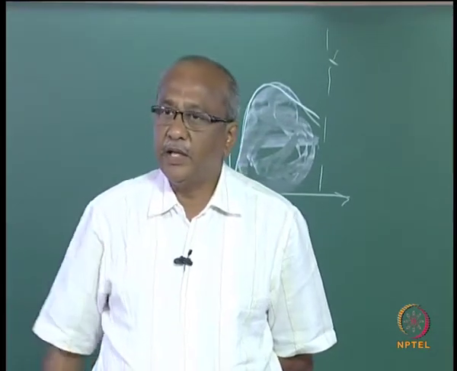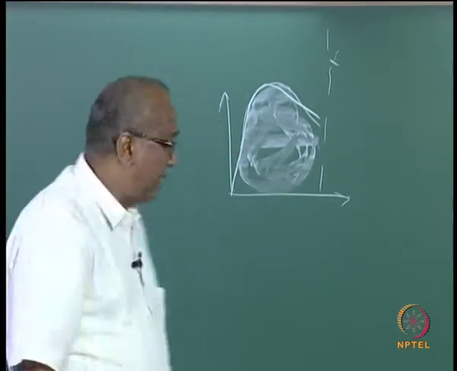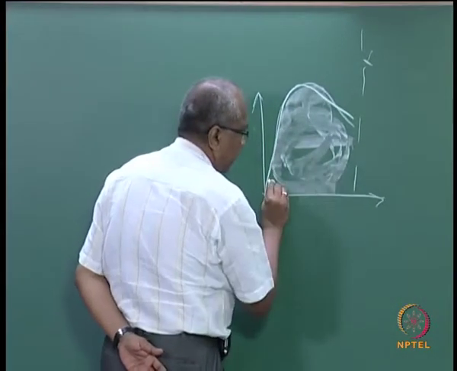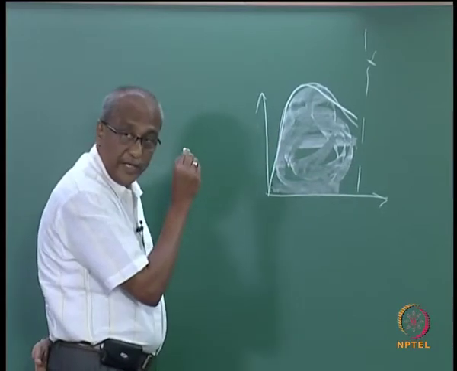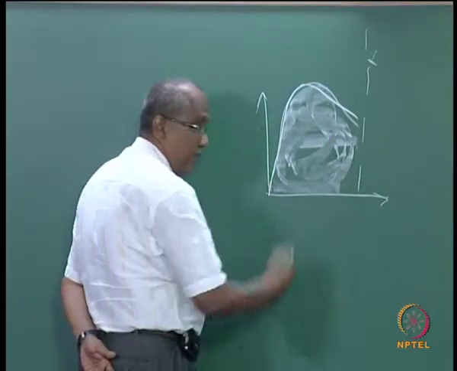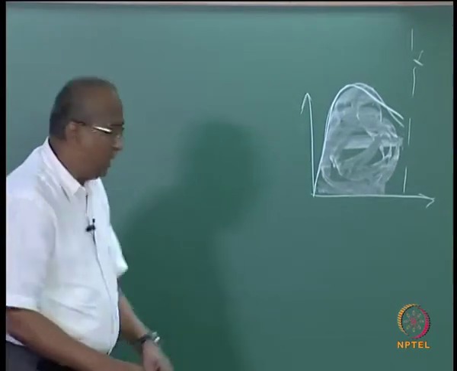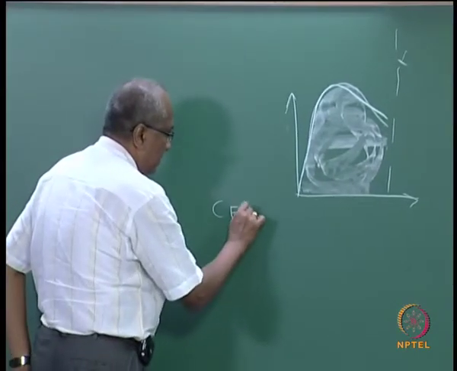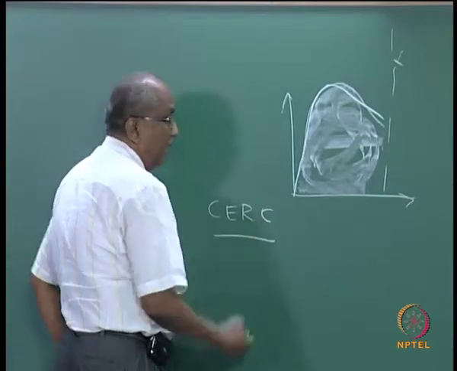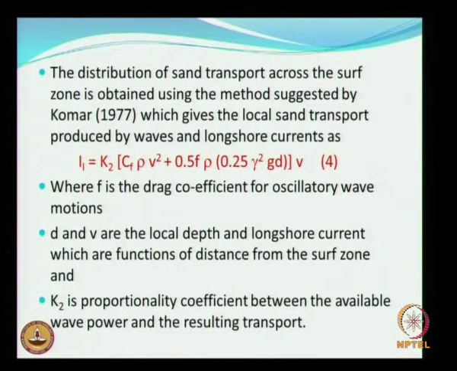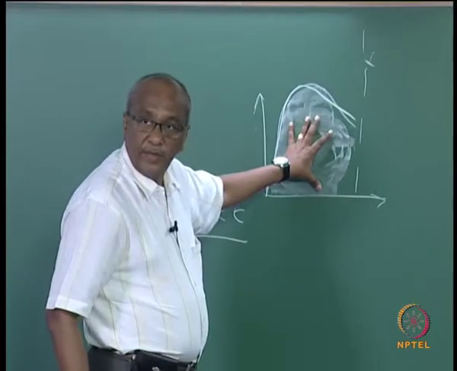Then you can compare the sediment transport rate obtained by integrating the distribution of the sediments within the surf zone, or using the CERC formula, or maybe the Komar formula, which we are discussing right now. You can use all these three methods and then compare.